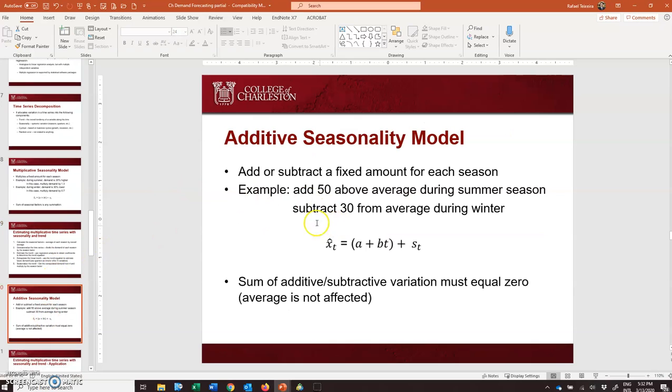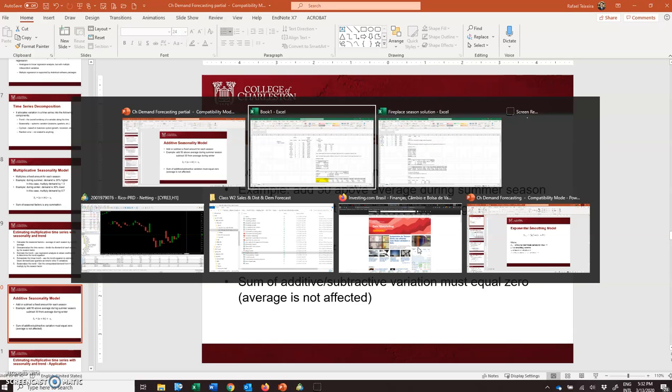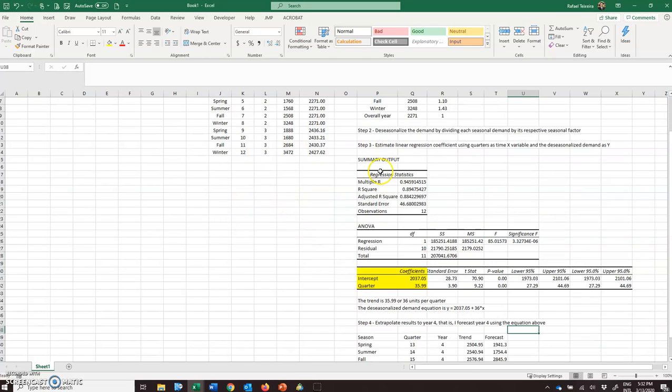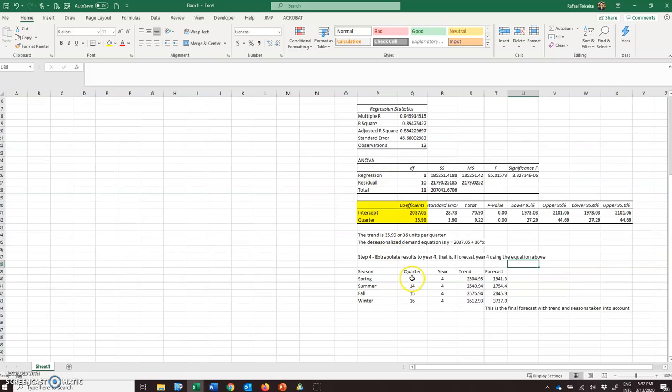And if you're doing an additive seasonality model, you do the same thing, but instead of multiplying by the seasonal factors, you add the seasonal factors. So imagine you have to go through all these steps: step 1, step 2, step 3, step 4.